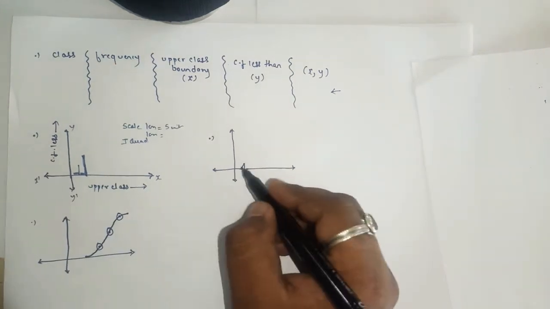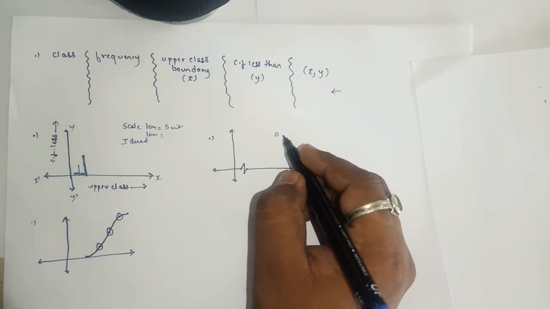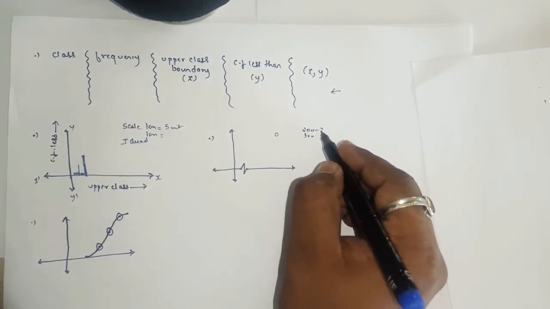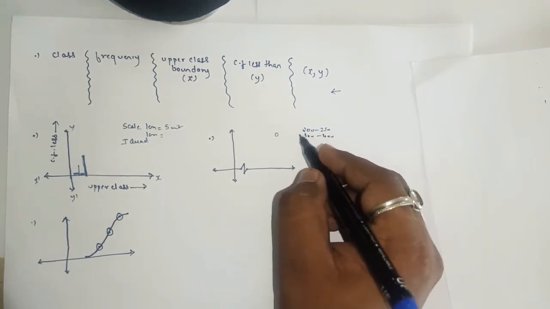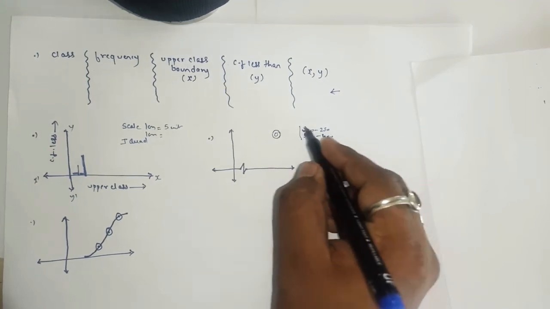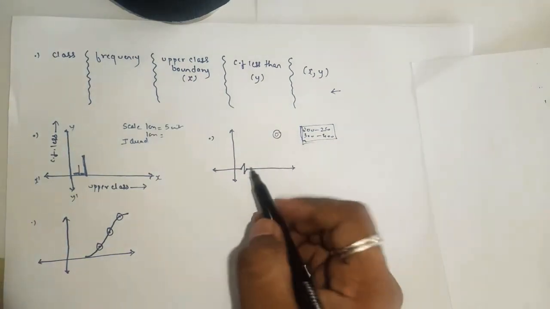And we all know that whenever the class does not start from 0, suppose the class starts from 200, 300, like 200 to 250, then 300 to 400, like that. If the class is not closer to 0, then you have to draw the symbol.